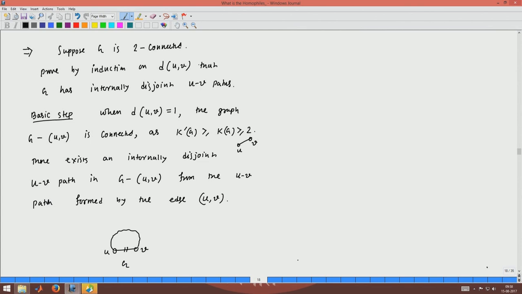Now, the induction step is that let the distance between u and v be k, and we will prove that there exist internally disjoint paths between u and v when they are at distance k.